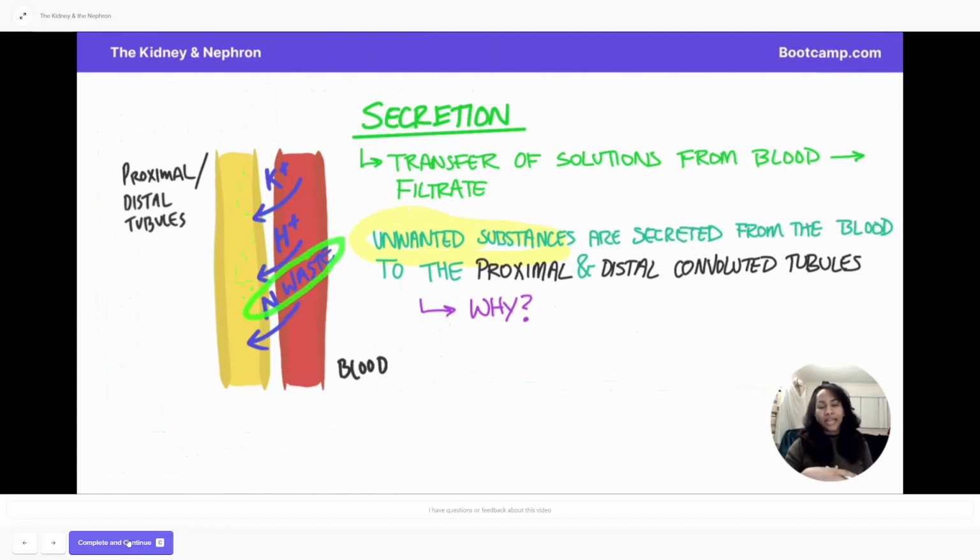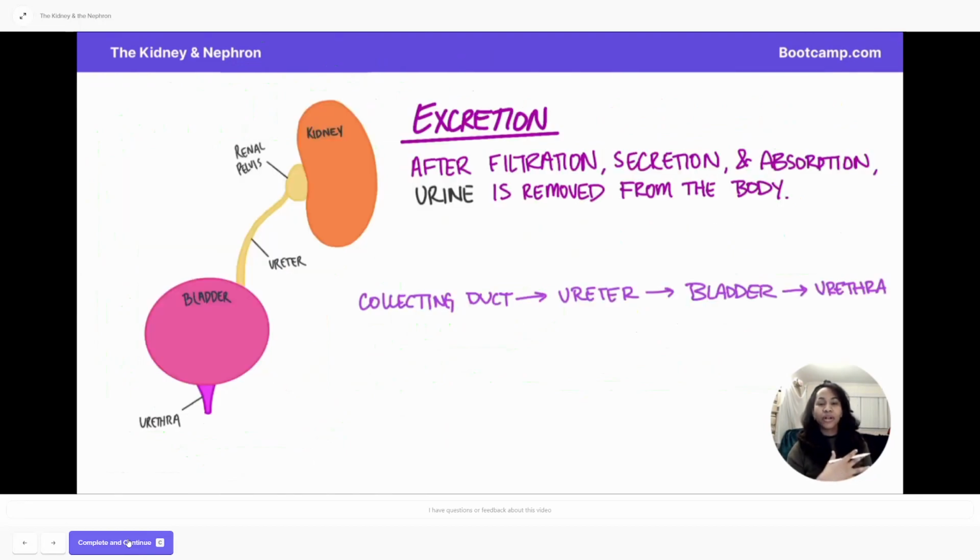So although over 90% of our urine is water, the remaining percentage is mostly made up of uric acid. And secretion is going to take place at both the proximal and distal convoluted tubules. And this is important because anything that we don't need, and especially things that are going to be harmful to us, those substances are taken out of the blood and are actively pushed into waste so that they can be removed.